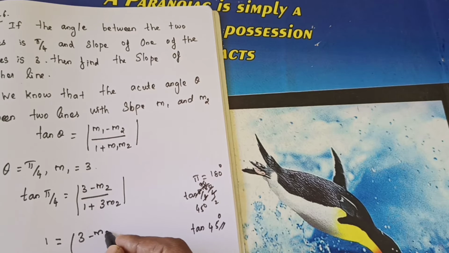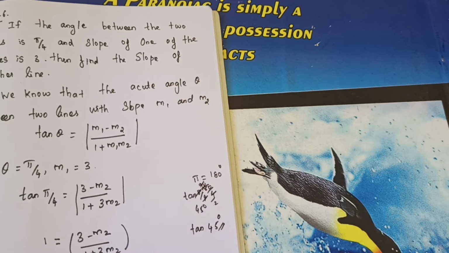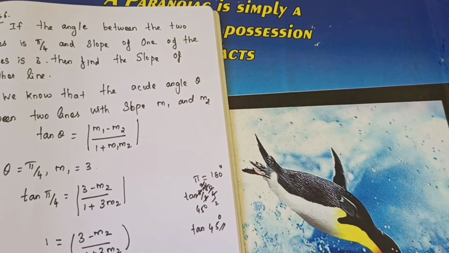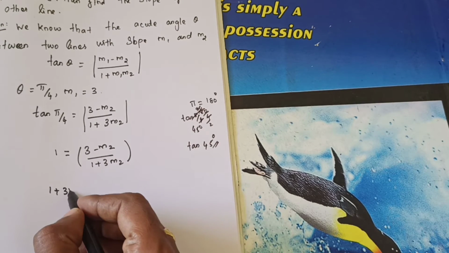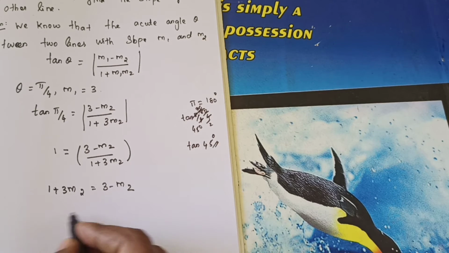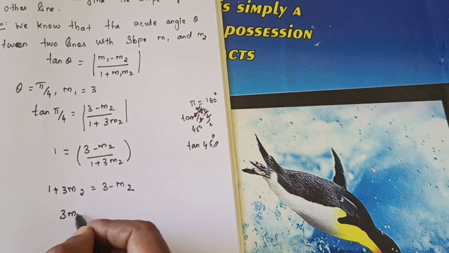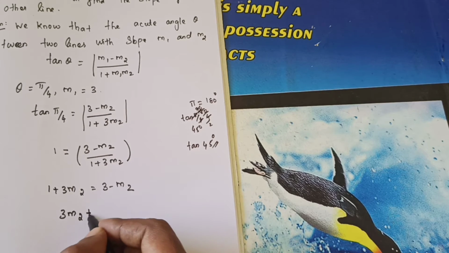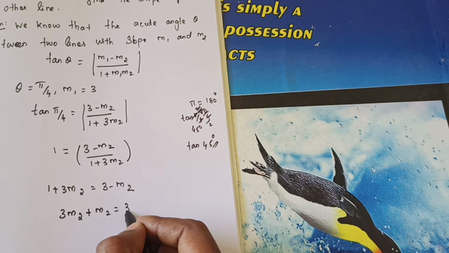So 3 minus m2 divided by 1 plus 3m2. So you can take outside of the modulus and cross multiply. So what will happen? 1 plus 3m2 equal to 3 minus m2. Bring all the terms to one side. That is 3m2 minus means plus m2 equal to 3 minus 1.